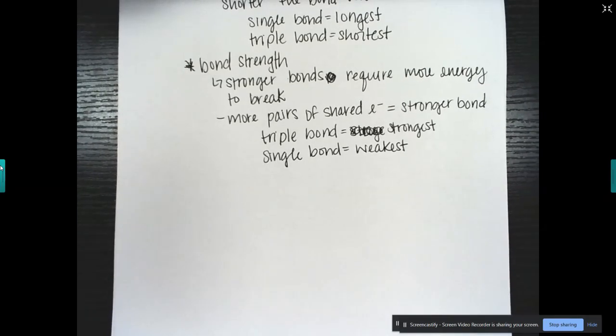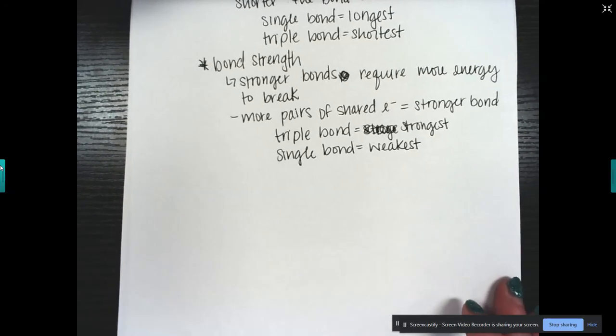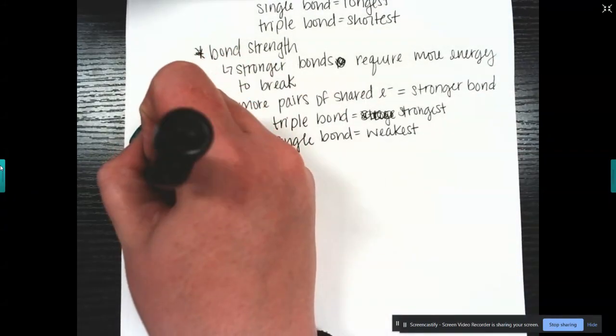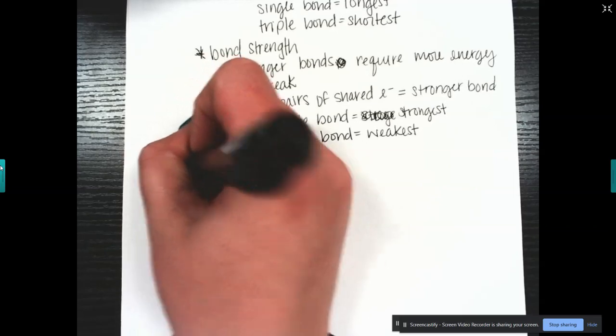So that's all of the last little detail material we had to do. What we're going to work on now is learning how to draw what are called Lewis structures.